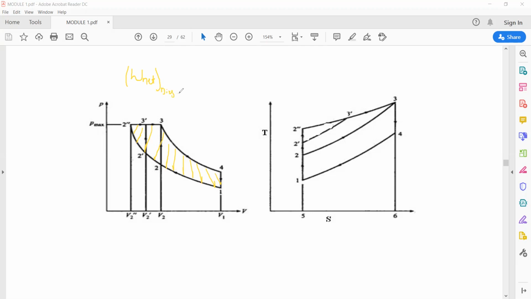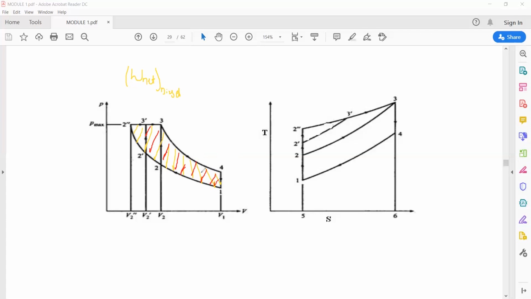Now the second one is 1, 2 dash, 3 dash, 3, 4, 1. This is the area for dual cycle. This is the shaded area with the red ink.